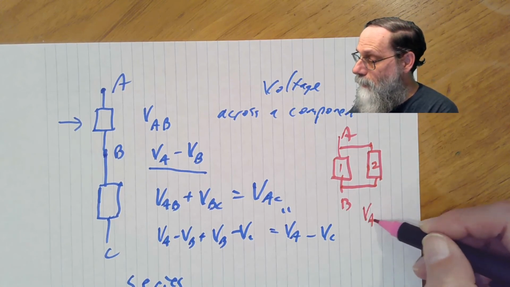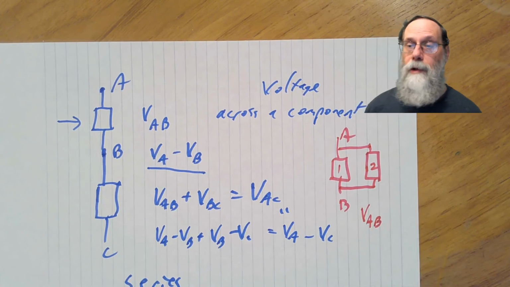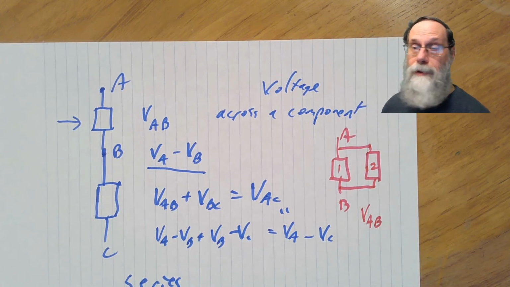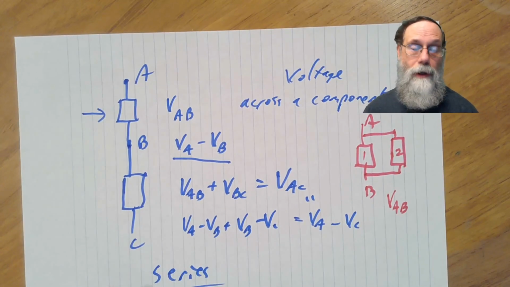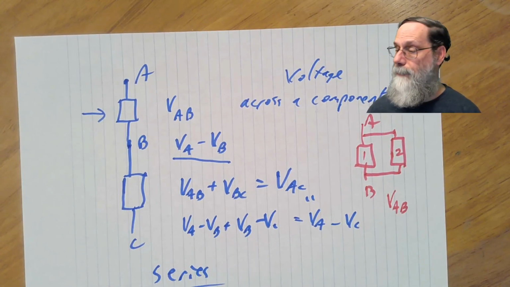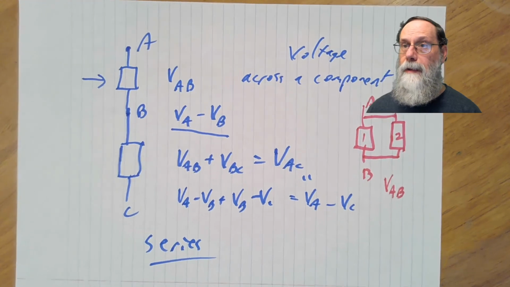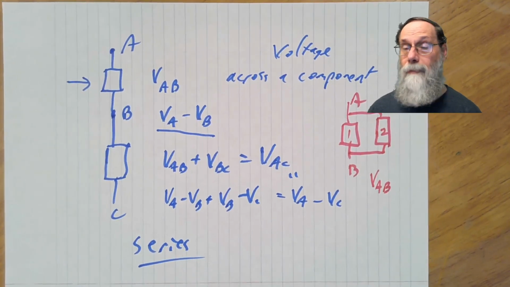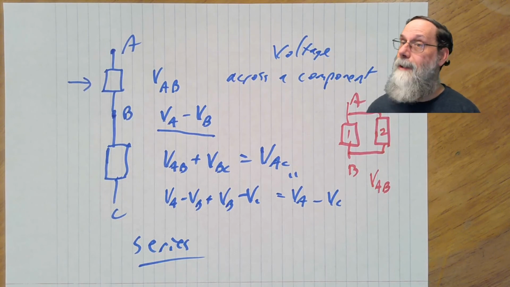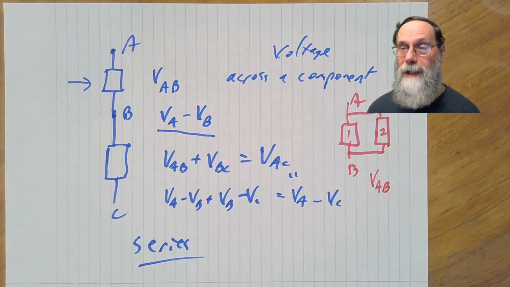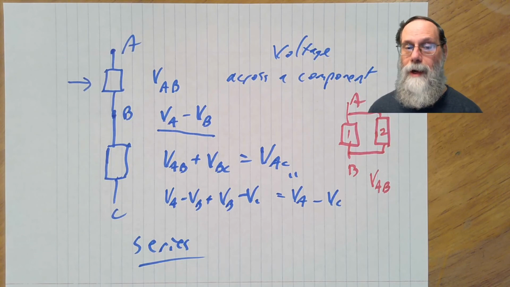They're both VAB. So when you connect components in parallel, the voltages stay the same, and when you connect components in series, the voltages add. And that's basically all the properties of voltage that you will need until we start introducing more concepts that will need the relationship between the voltage and those other concepts. But for now, that's enough.